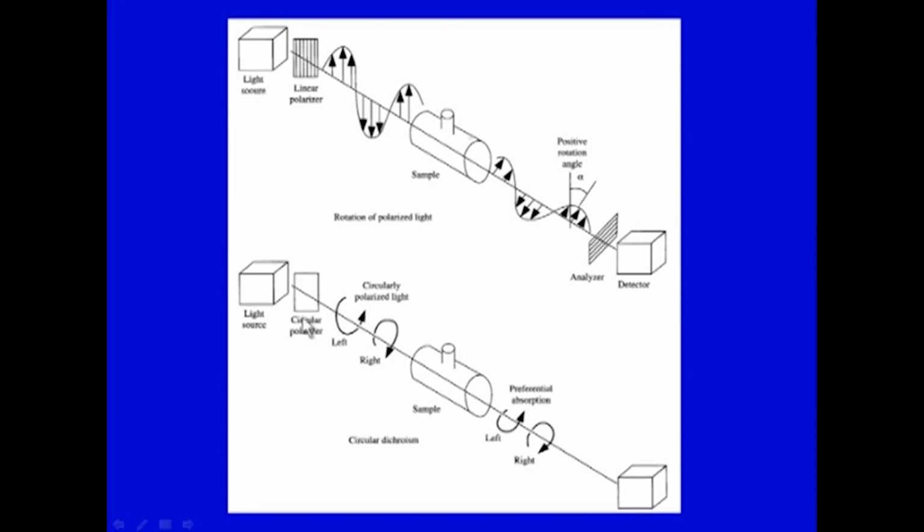But in circular dichroism, there should be a circular polarizer, or circularly polarized light, left and right circularly polarized light, and as we said, alternatively left and right circularly polarized light are put in, or there could be different ways. As this light passes through, there will be a preferential absorption for one of them, and that will be detected in here.